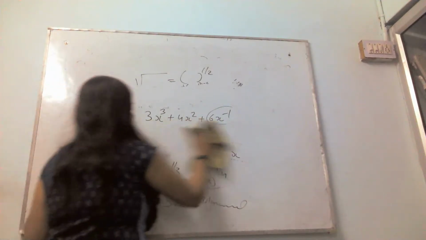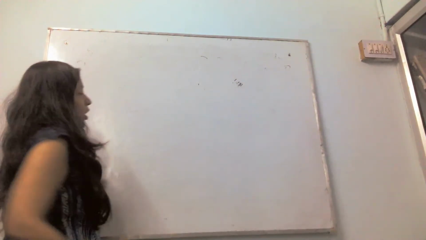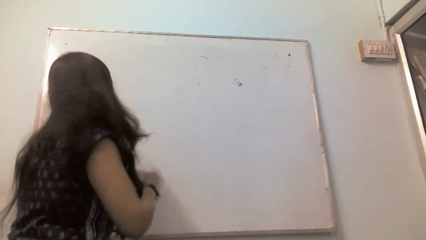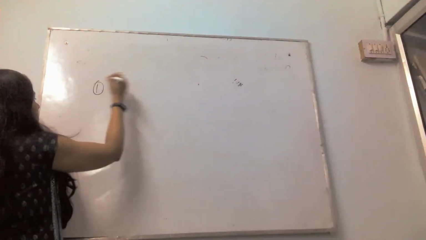Now, I am writing 5 to 6 examples. Copy them and find out whether each is a polynomial or not. Then we go for the next concept.